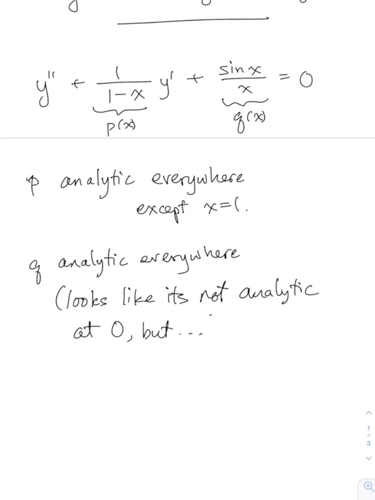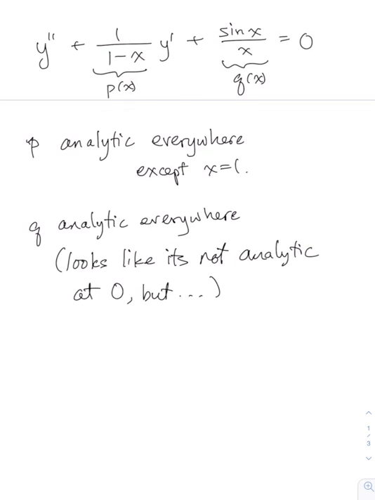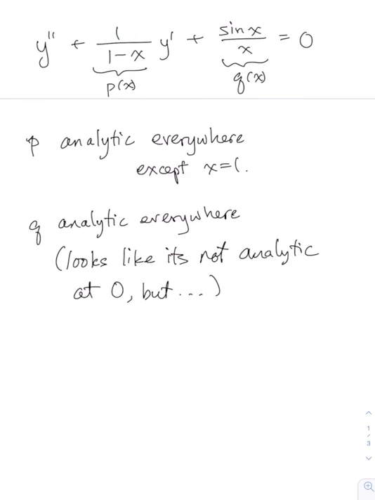But when we're talking about analytic, we're talking about a power series representation. So if we want to ask about is it analytic at 0, I have to see if I can come up with a power series representation centered at 0. Well, I can write the sine of x over x as 1 over x times the power series representation centered at 0 of the sine of x. So that's x minus x cubed over 3 factorial plus x to the 5th over 5 factorial, and so on.